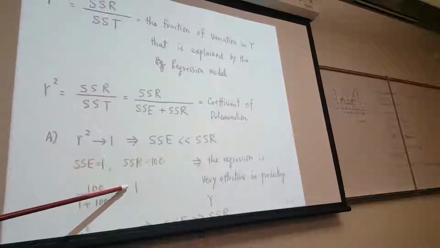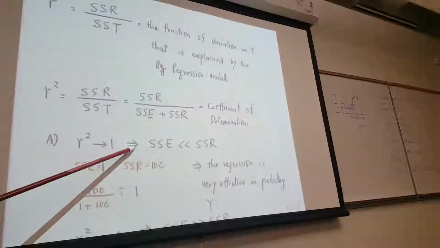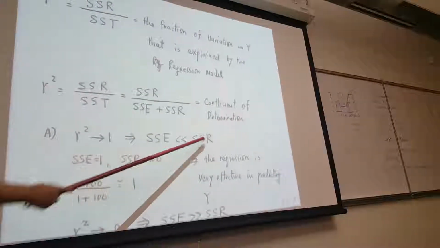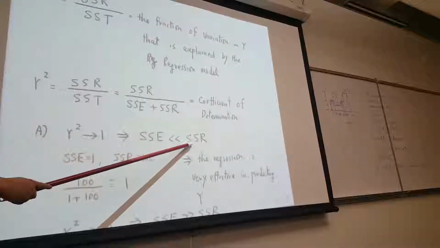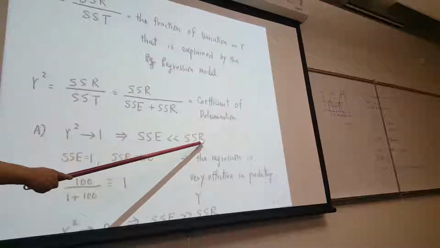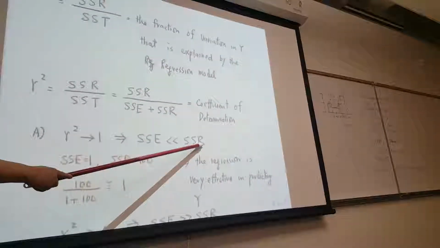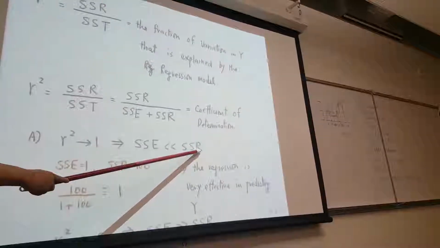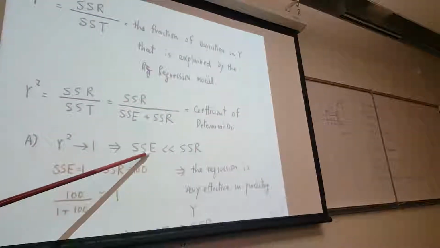Can you see that? So if R squared is close to 1, this implies SSR is much, much bigger than SSE. And what does SSR measure? The variation in y that is explained by the regression model. And this is the part not explained by the regression model.